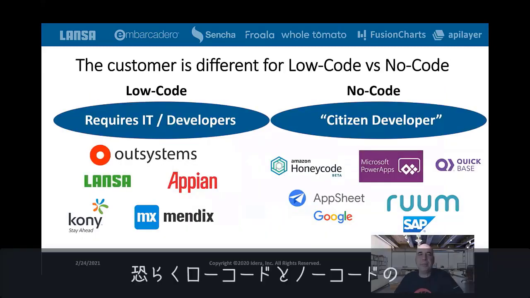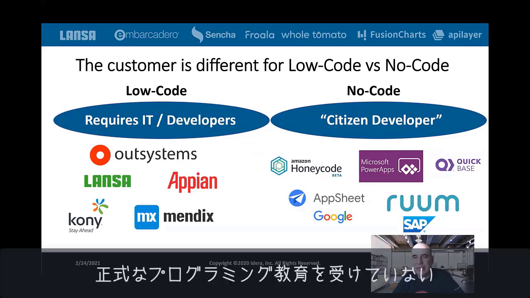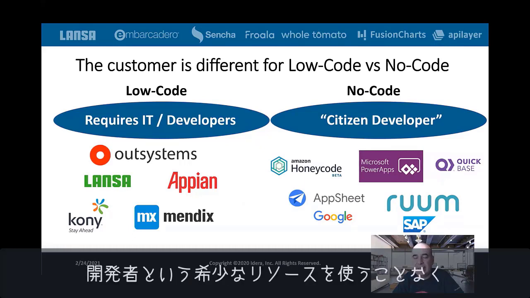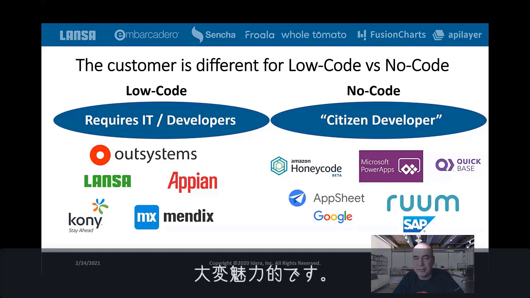Probably the most important differentiation between low-code and no-code that we think about is that no-code targets, if you will, citizen developers, or people without formal programming education. It is very attractive to think that you can build applications without the need of the scarce resource, which is developers.